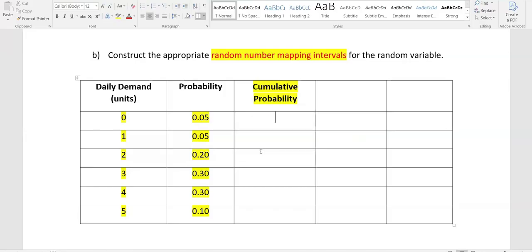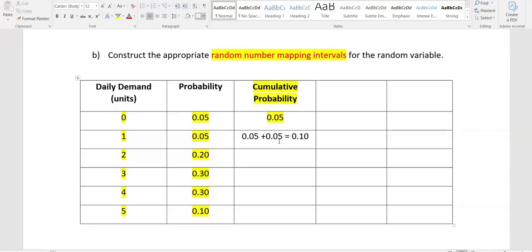Remember, this is the original information we're given, and we add a column called cumulative probability. Then I bring forward this 0.05 and add the 0.05 that I'm in line with, so I get 0.10.